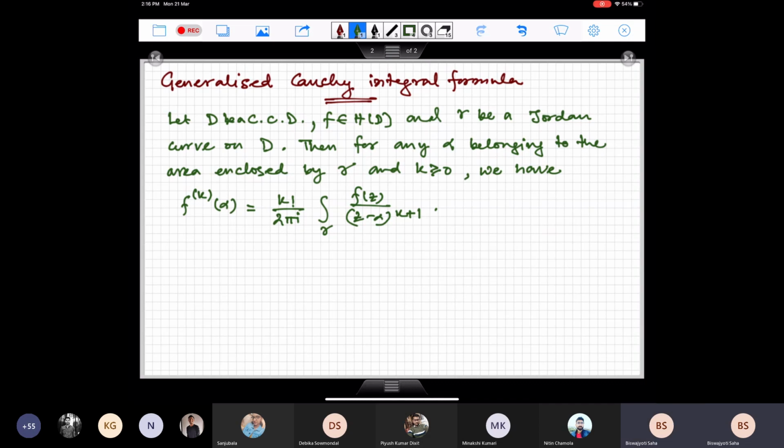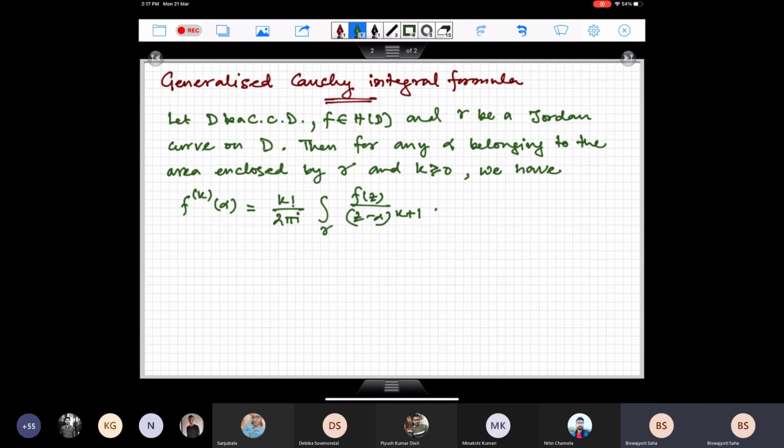So that means now, of course, I was telling you that in all the earlier Cauchy integral formulas, whether it was the Cauchy integral formula or the generalized Cauchy integral formula, the paths that we were taking at that time were all circular paths.